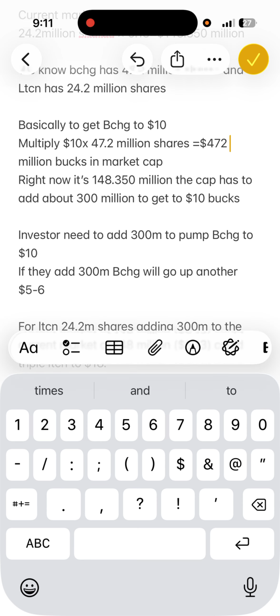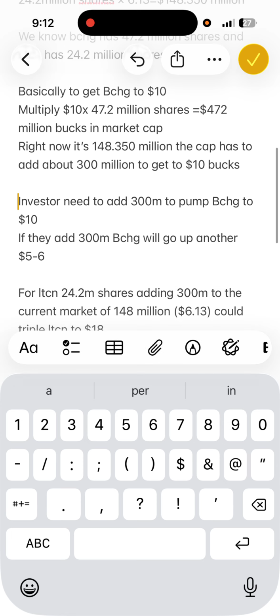What I'm trying to say is investors need to add $300 million to bump BCHG to about $10. And $300 million into BCHG is basically $5 to $6 worth of the stock price.